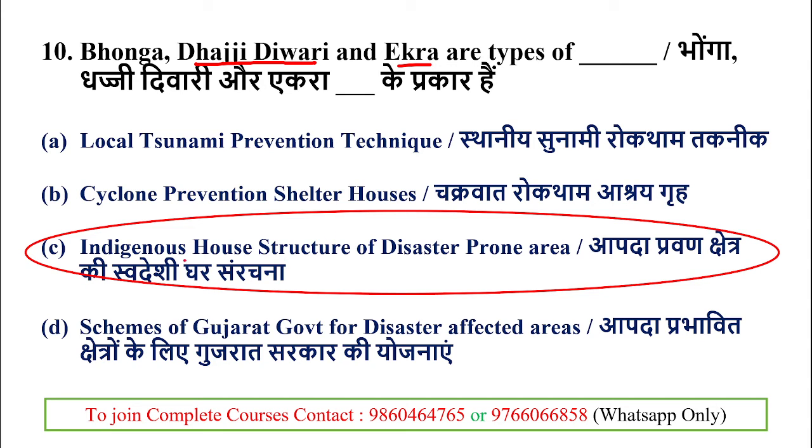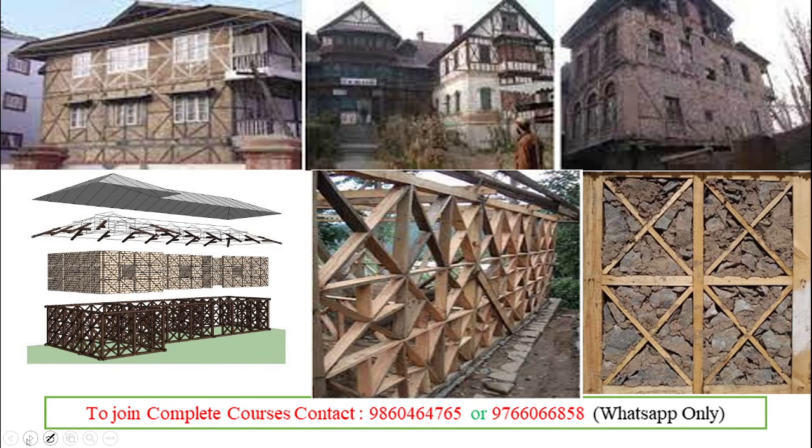So the indigenous house structure of disaster prone area is related with Bonga, Daji, Diwari and Ikra. Clear? So the next slide shows the pictures of those houses, and you can see houses like that.